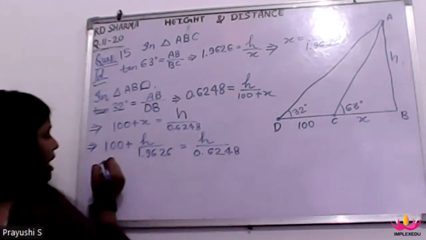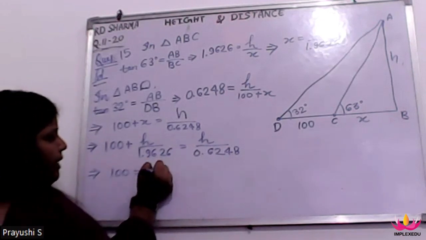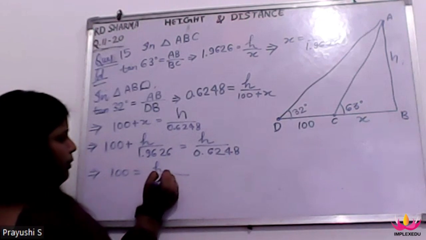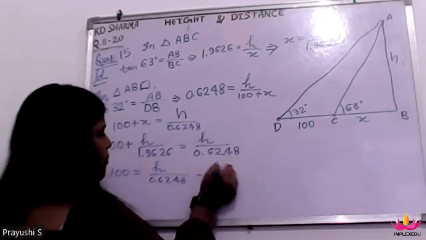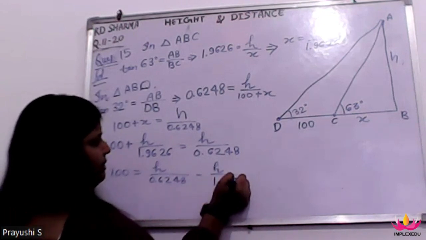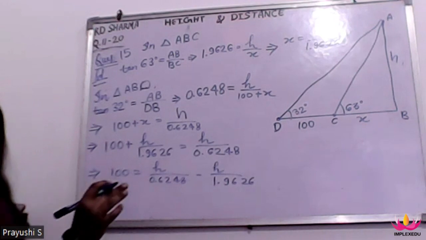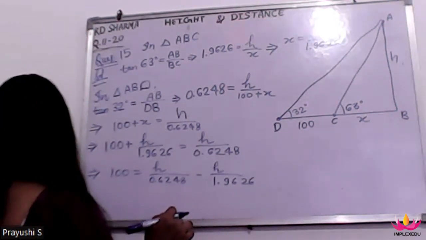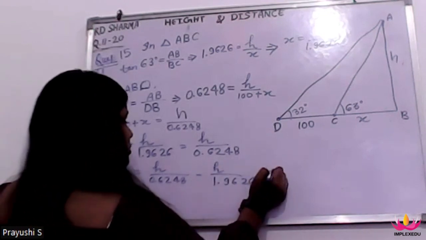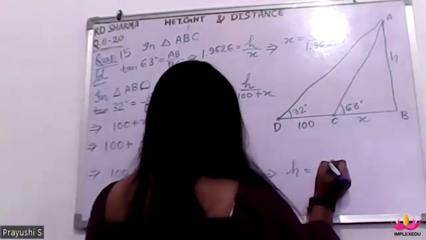Now after this, 100 will be equal to H upon 0.6248 minus H upon 1.9626. And after solving the complete process, we will get X.